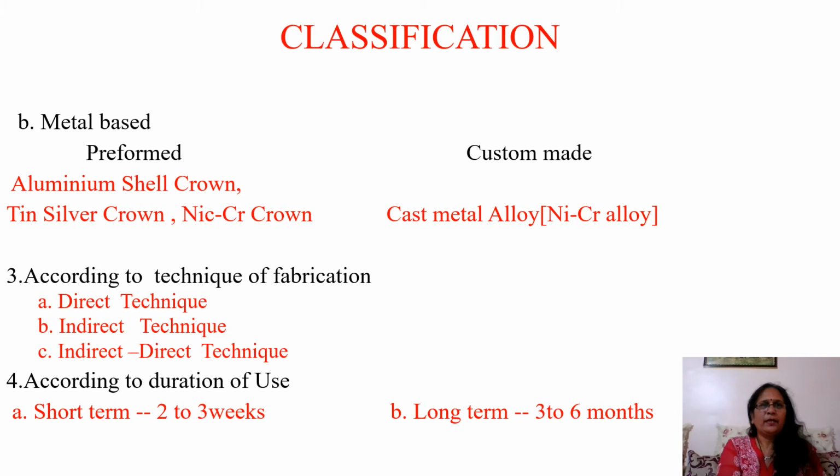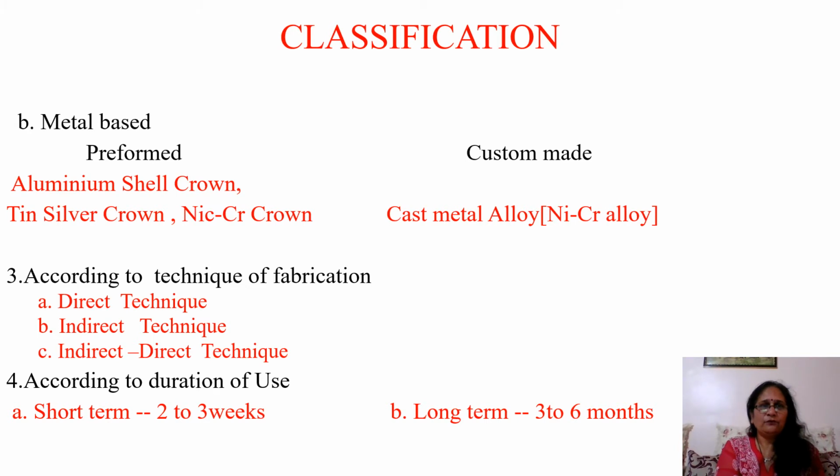Metal based, in metal based, the preformed provisional restorations are aluminum shell crowns, tin silver crowns, nickel chrome crowns. Custom made cast metal alloy, that is nickel chrome alloy. According to technique of fabrication, direct technique, indirect technique, indirect and direct technique. According to duration of use, short term and long term.